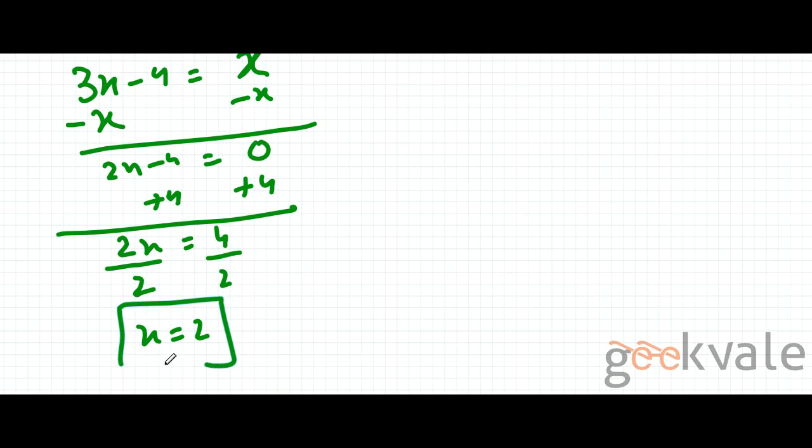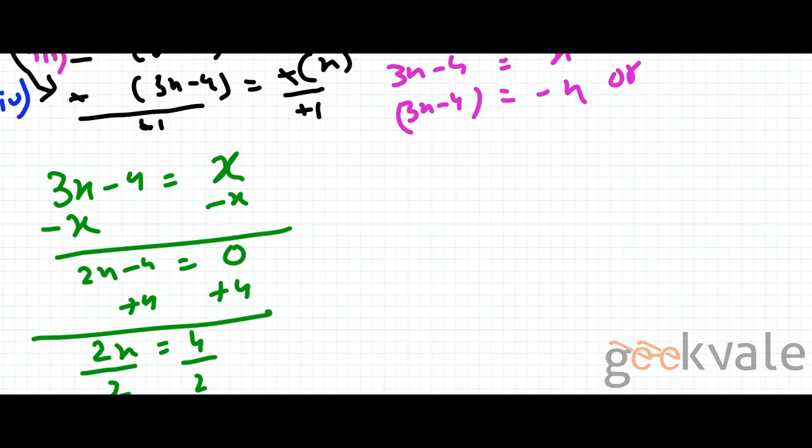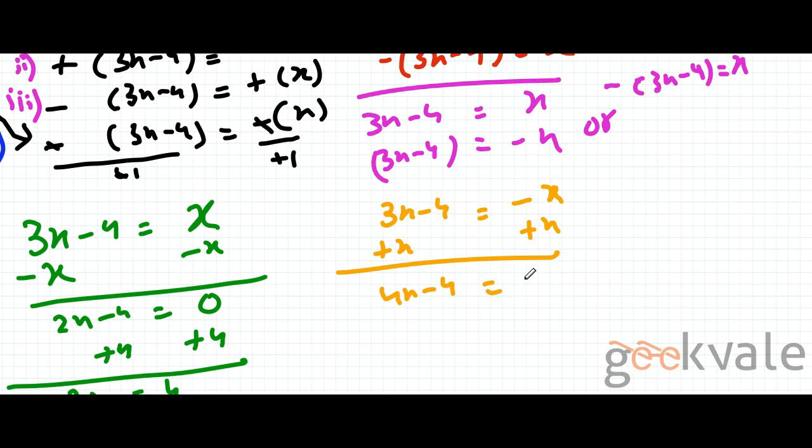That's one answer. Another answer comes from the other version, where one side has a negative sign: 3x take away 4 equals negative x. In this case, we add x to both sides and get 4x take away 4 equals 0.